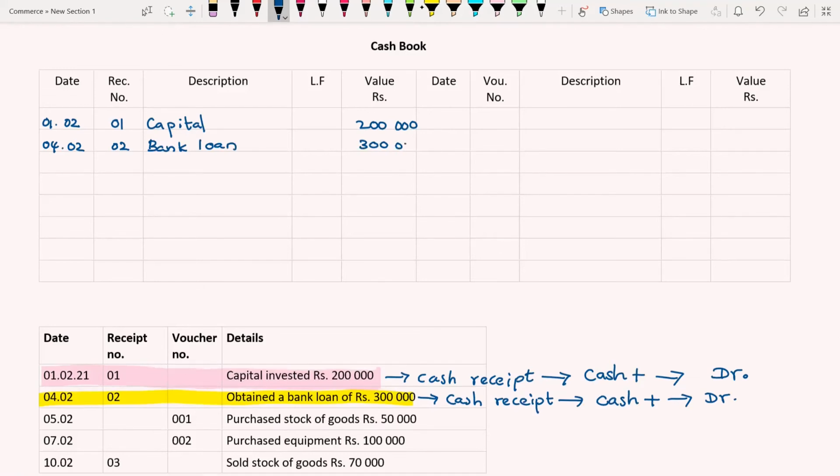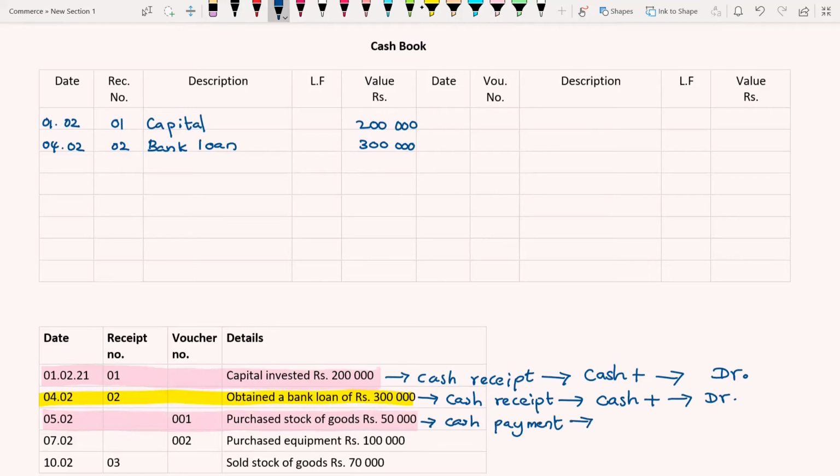And then the next transaction is on 5th of February, purchased stock of goods, 50,000 rupees. Now this is a cash payment. Because of this transaction, cash decreases.